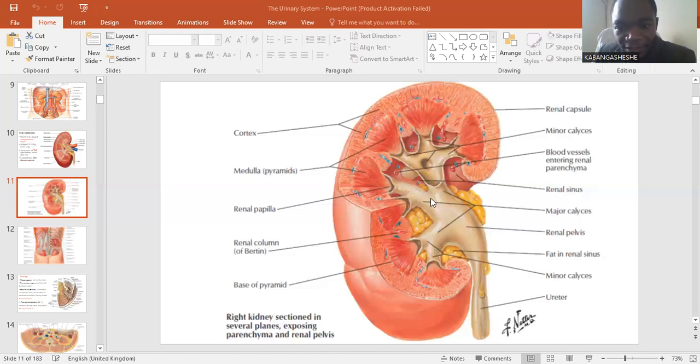The minor calyces are branches of the 3 major calyces, which are connected to the renal pelvis. Then the renal pelvis will emerge from the renal sinus as a ureter. So that is what we see under gross inspection of the kidney.